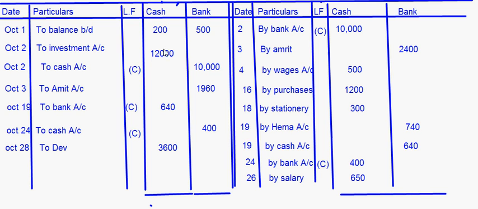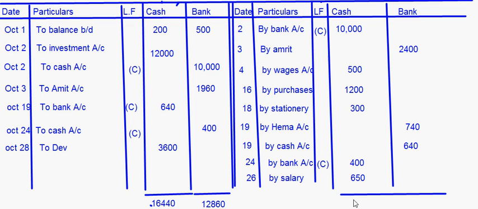So here we have 12,000 plus 200 plus 640 plus 3,600, which will give us 16,440, right? This total, 10,000 plus 500 plus 1960 plus 400 gives me 12,860, right?